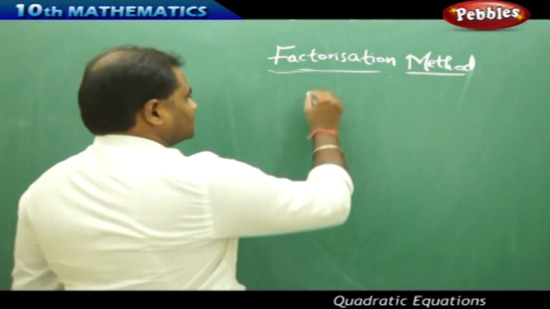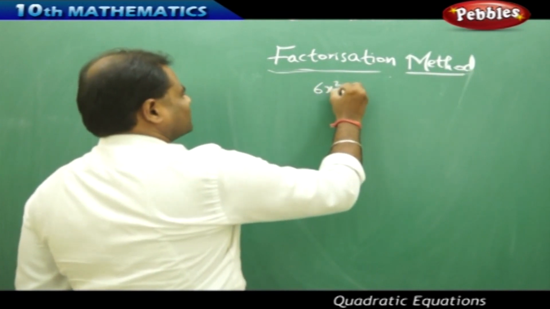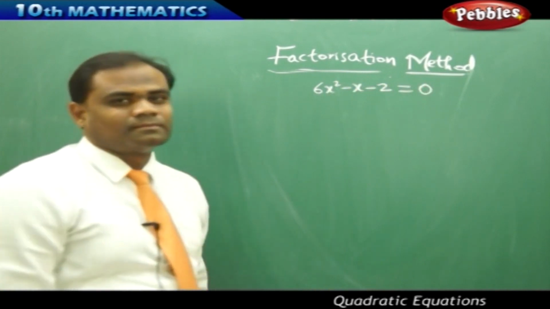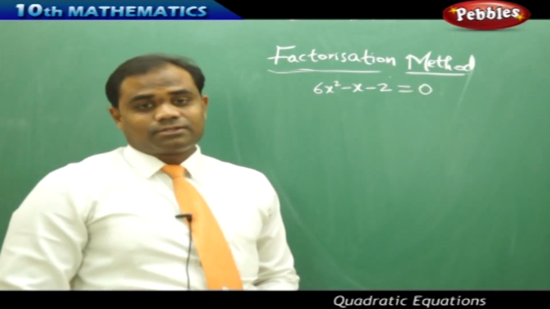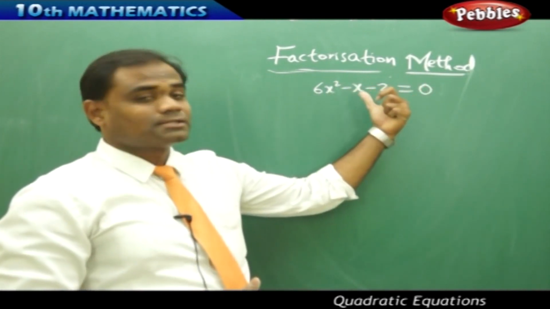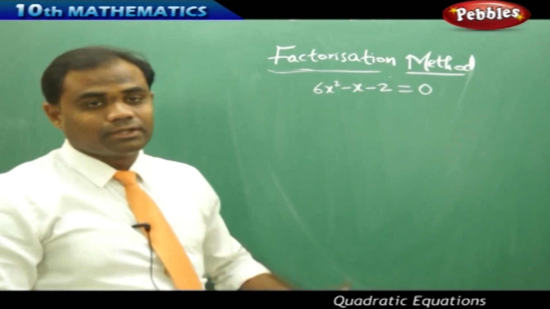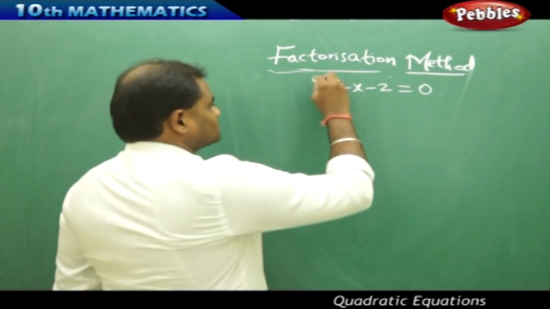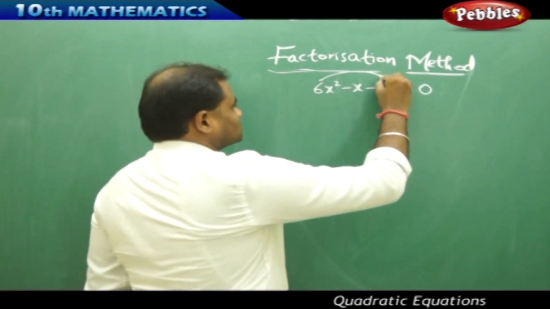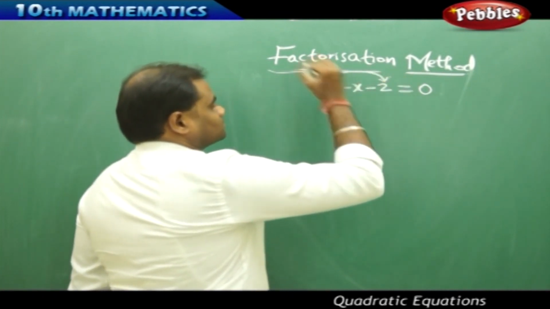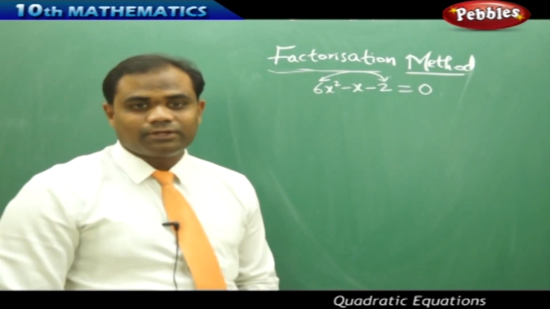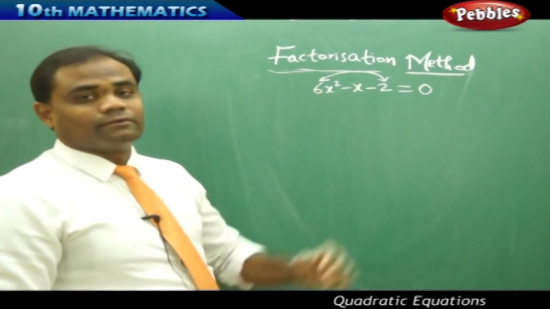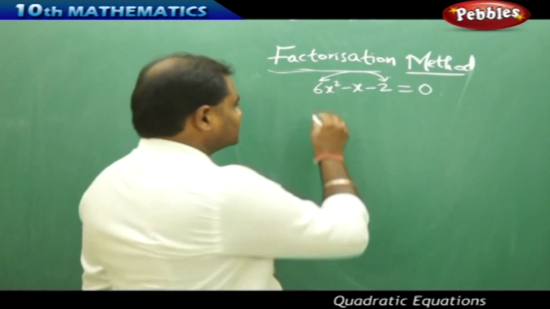The quadratic here is 6x squared minus x minus 2 equal to 0. The first rule in finding the factors using the factorization method is that in any quadratic equation we always multiply the coefficient of x squared with the constant term. So I get 6 times 2, that is 12.